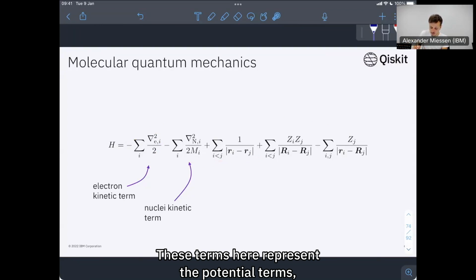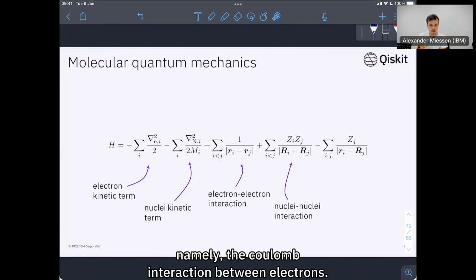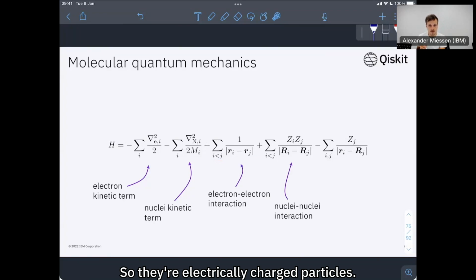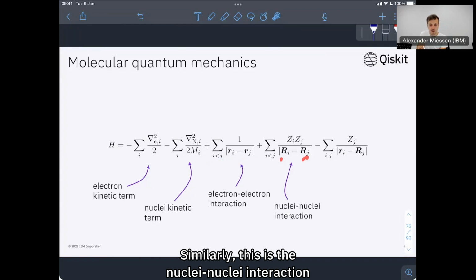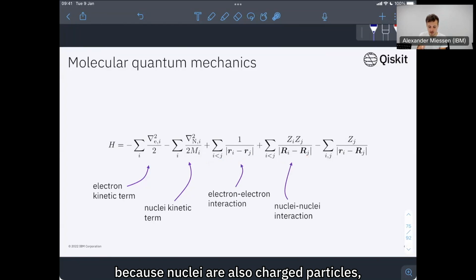These terms here represent the potential terms, namely the Coulomb interaction between electrons. So they're electrically charged particles, so they have a Coulomb repulsion. And so this is the electron-electron interaction, okay? Similarly, this is the nuclei-nuclei interaction, because nuclei are also charged particles, so positively charged.